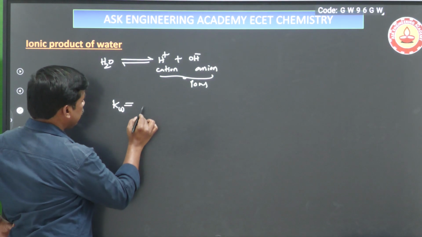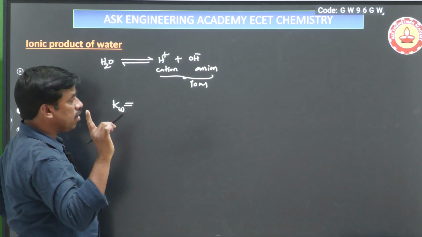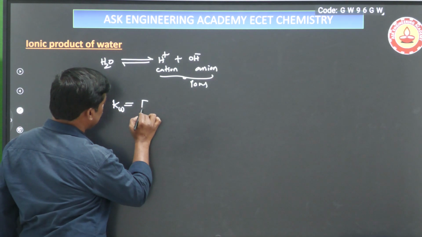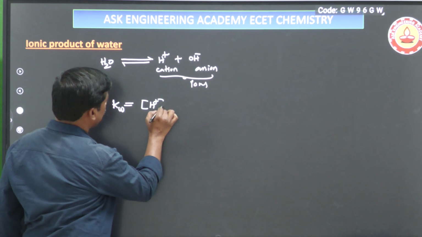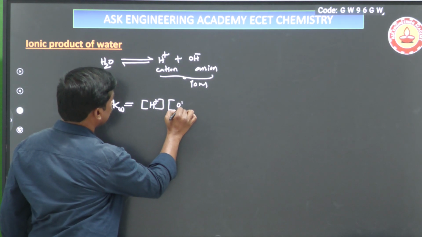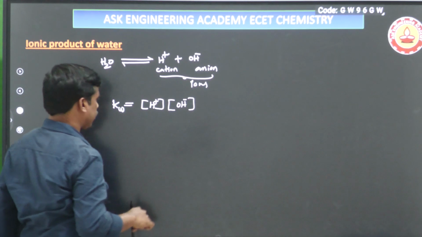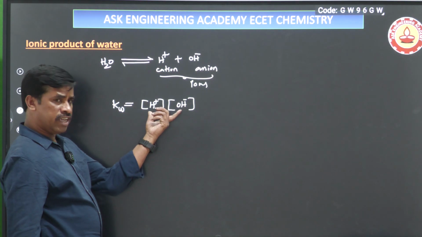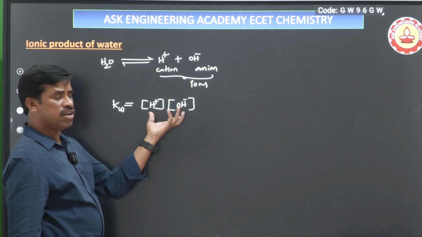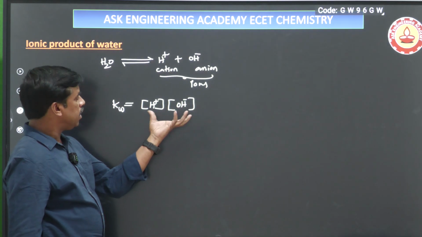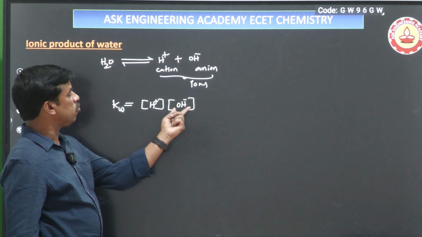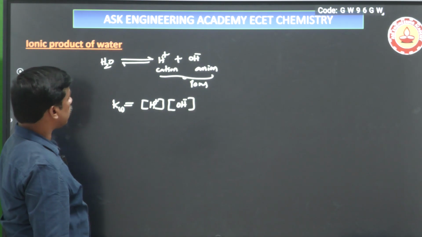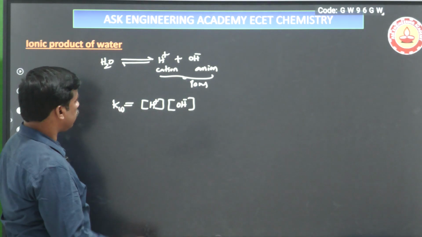Concentration should always be written with square brackets: [H plus] concentration, [OH minus] concentration. Kw is equal to the concentration of H plus times the concentration of OH minus. The product of H plus and OH minus ion concentration is said to be the ionic product of water.